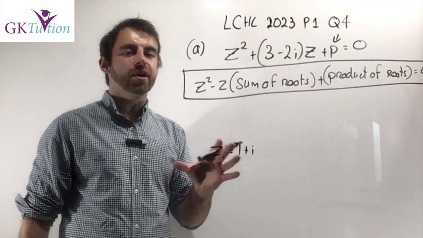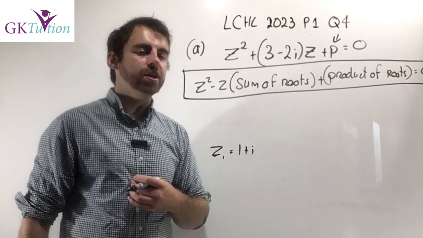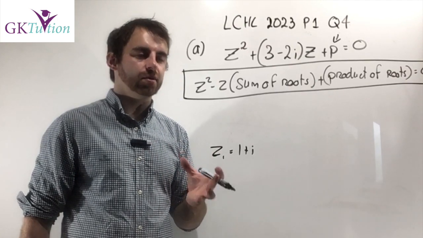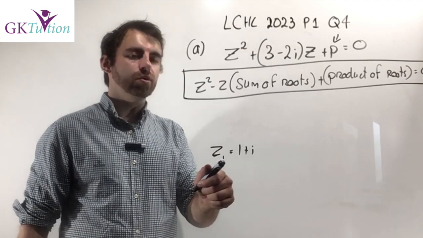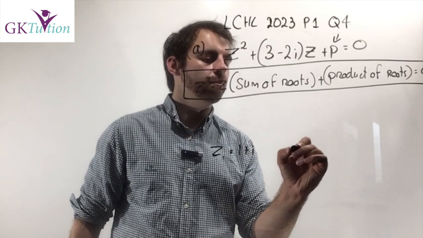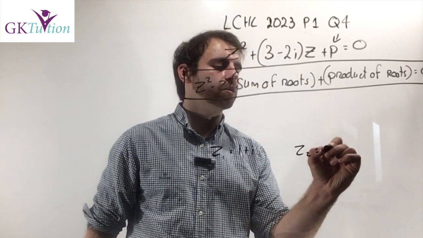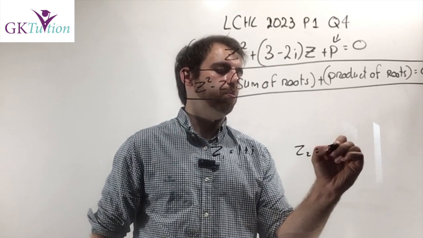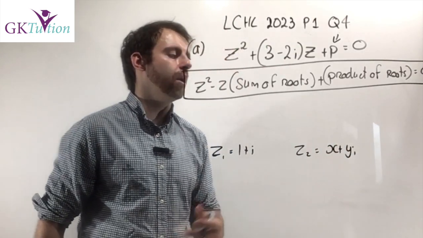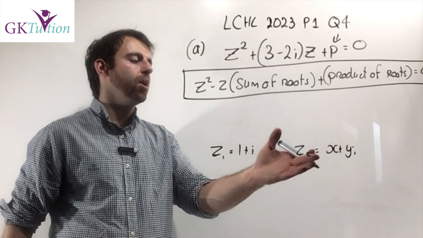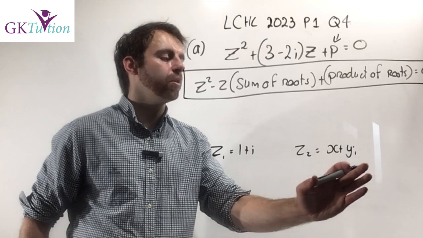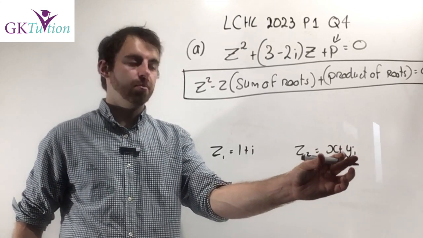But before we find the product, before we find p, we need to find the other root of this quadratic. So if I know one of the roots is 1 plus i, for the moment, let's call the other root x plus yi. It doesn't matter what letters I use there. All I'm saying is that the other root is also a complex number.